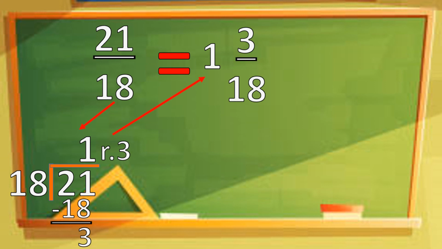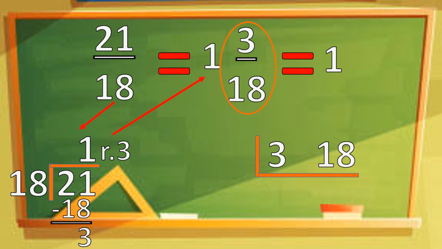Now look at 3 over 18. Is 3 over 18 already in its simplest form? Okay, very good. No. So we have to simplify 3 over 18. So again, let's use the continuous division method.